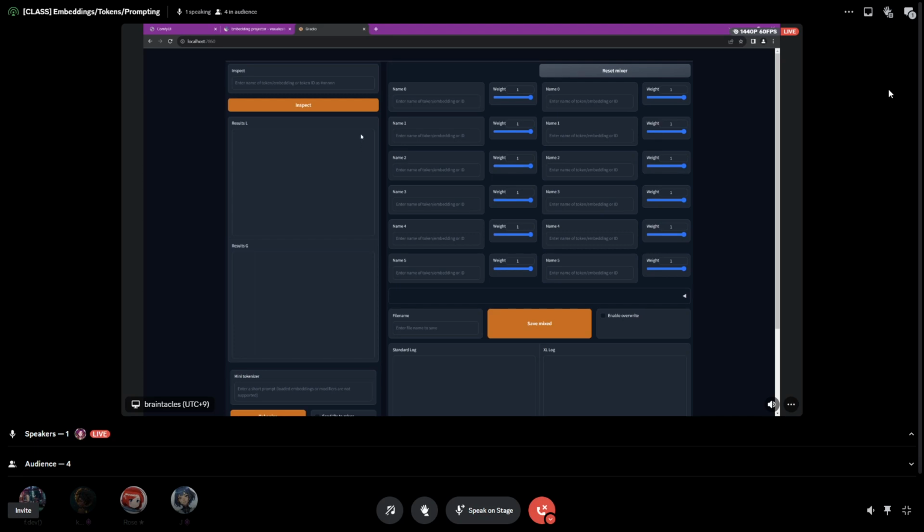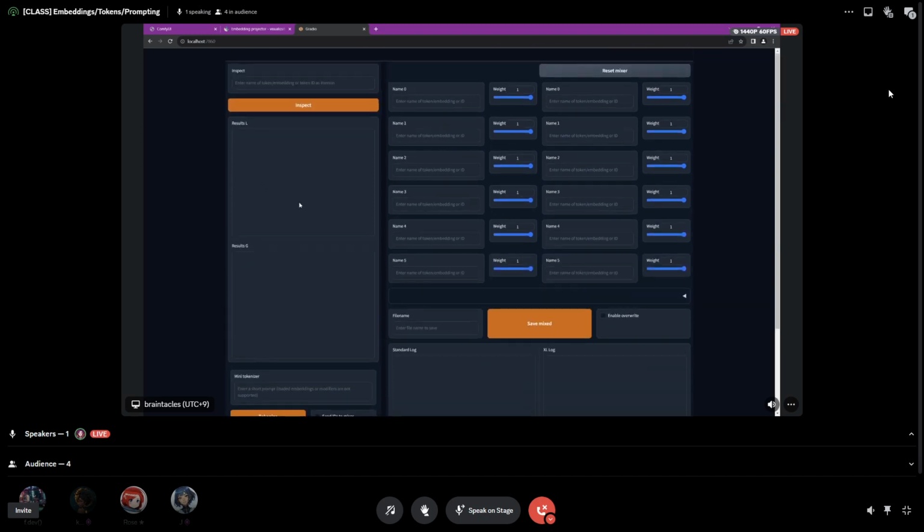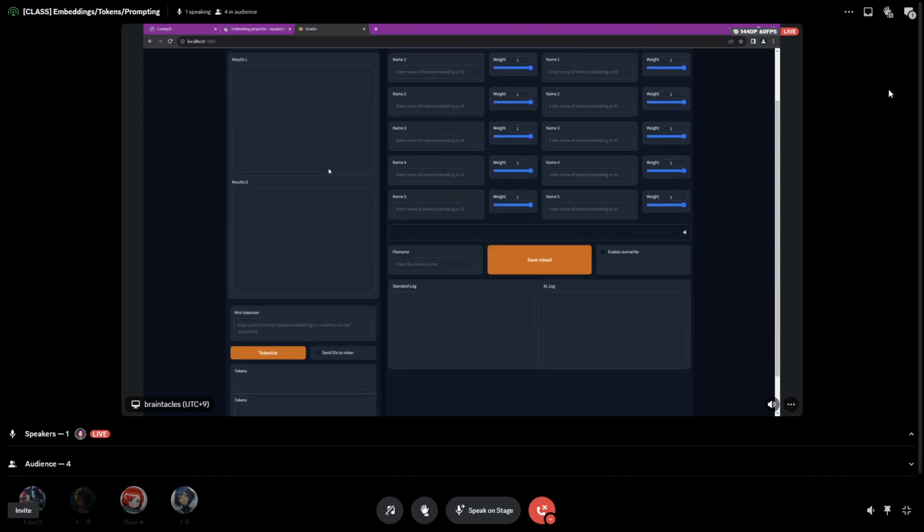Your extension will look slightly different than this, and the only difference is that you're not going to have 2 rows here. I have my clip L and clip G rows, and I have 2 boxes. So I just have twice of everything. You're just going to have half of everything. But what is really neat about this tool is it allows you to first inspect tokens, but it also allows you to create embeddings without training or anything.